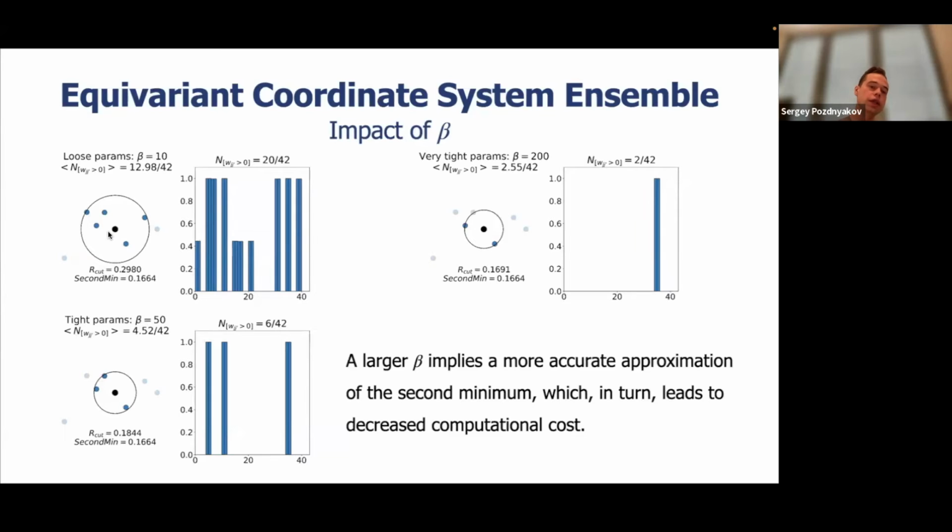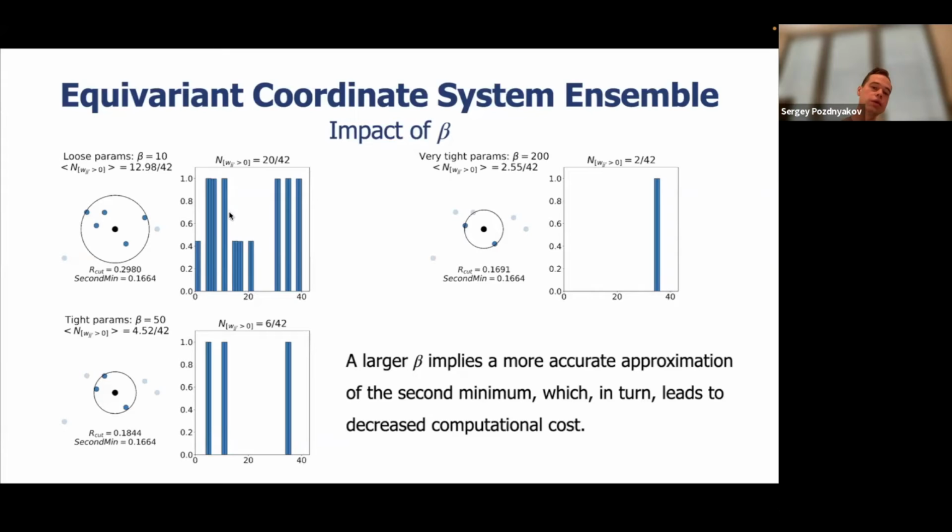And so there are as many as 5 atoms inside the cutoff sphere. And thus, for the current moment of time, our symmetrization protocol uses 20 coordinate systems. And thus, there are 20 non-zero weights. This panel is just a histogram of all the weights associated with all the coordinate systems.